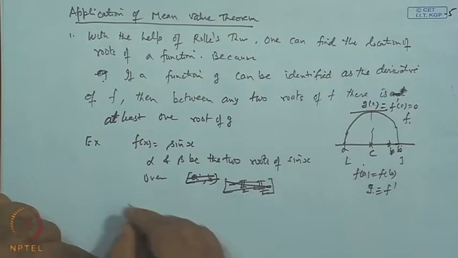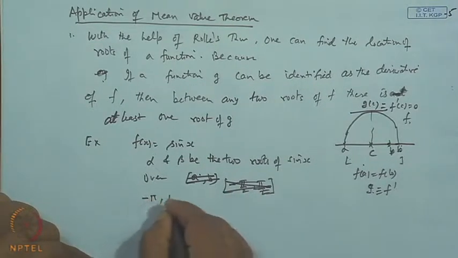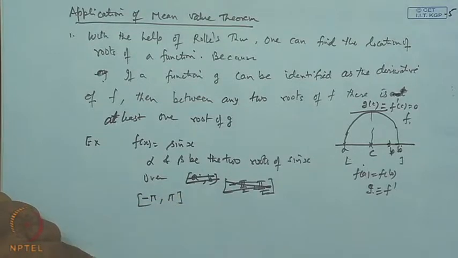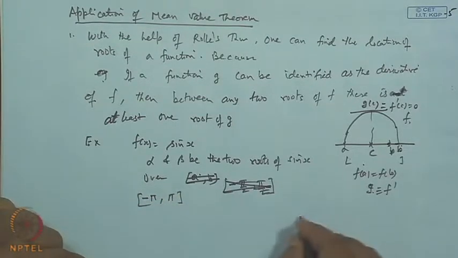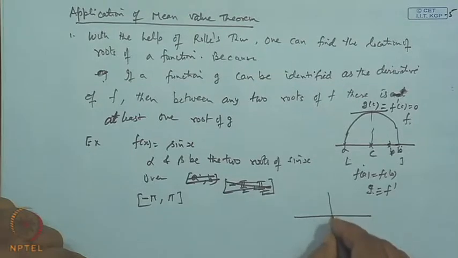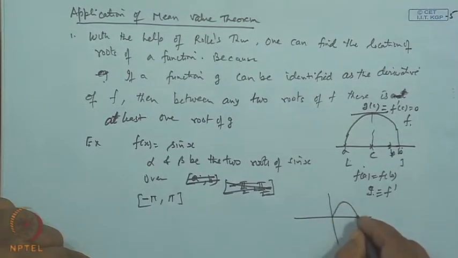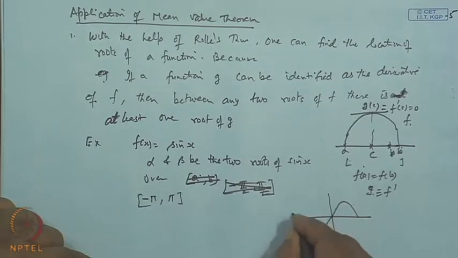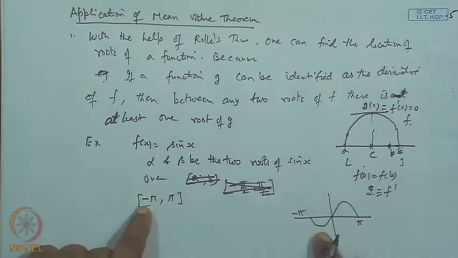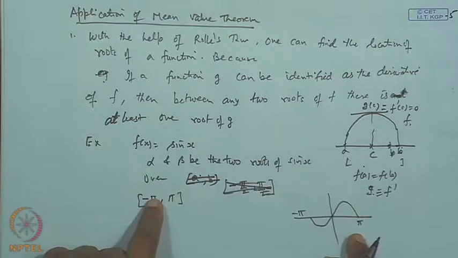Let us take the interval minus pi to pi. So, the function f is continuous and differentiable over this interval.